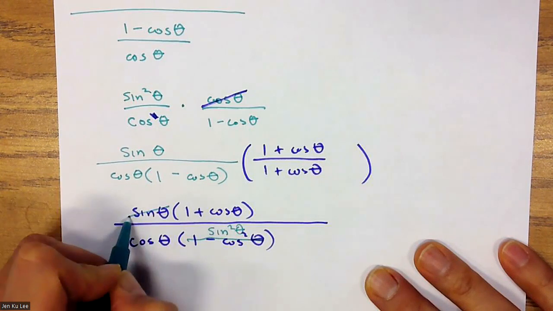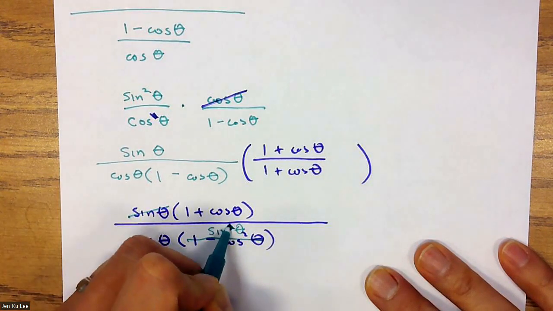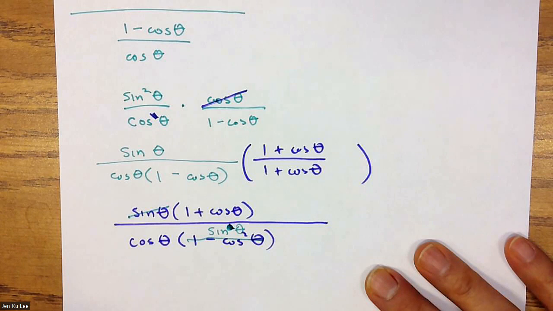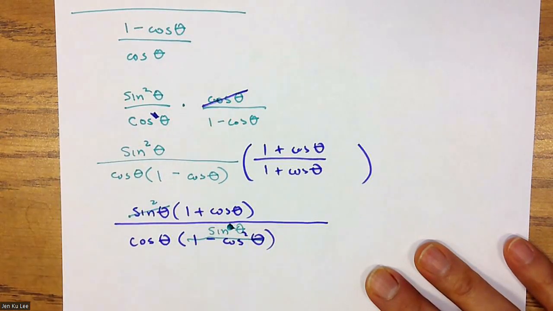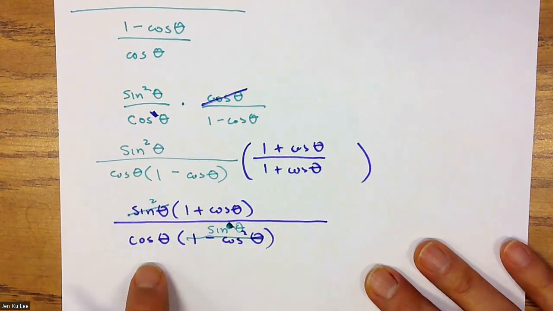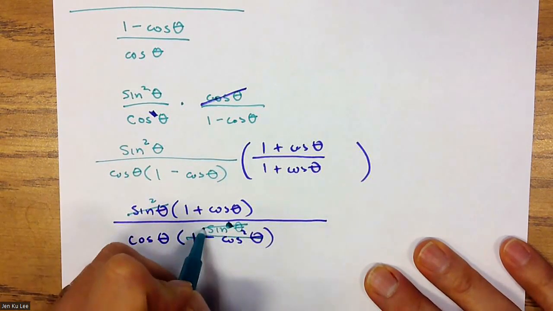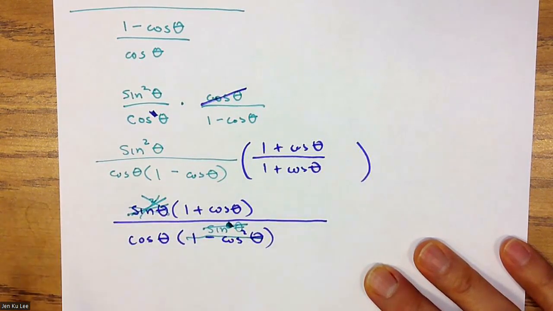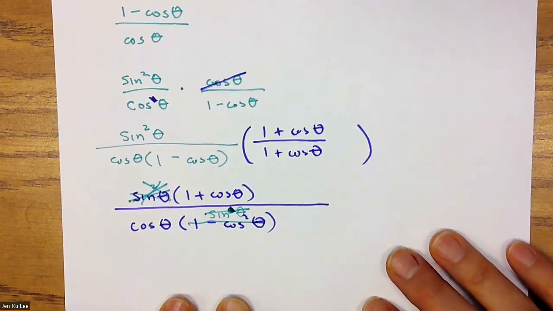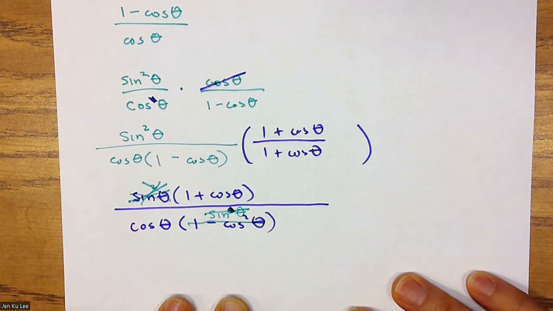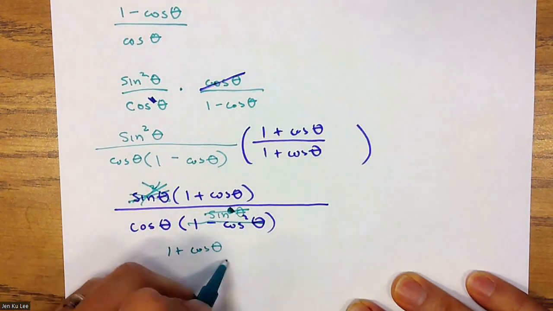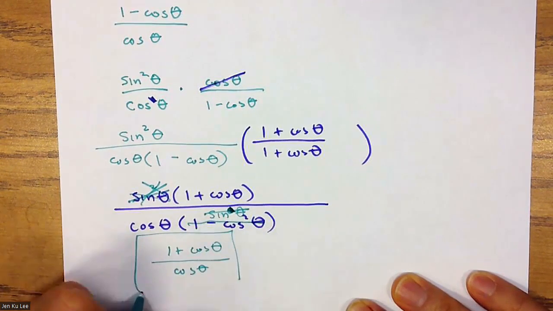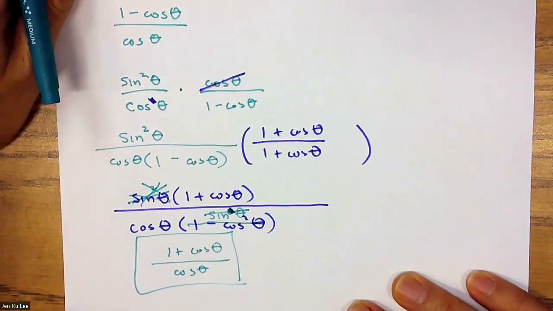So this sine and one of the sines cancel out. Right? Oh no, this is sine squared. Okay? So actually this whole sine and this whole sine, they cancel out. You guys see that? So then I have 1 plus cosine theta over cosine theta. Yeah? Long way.